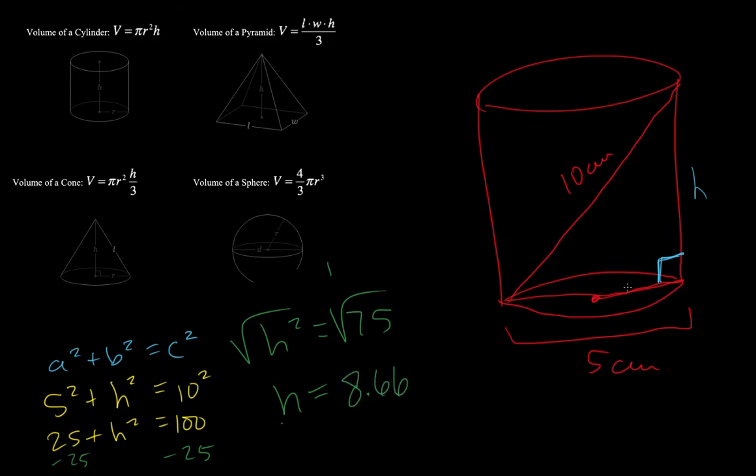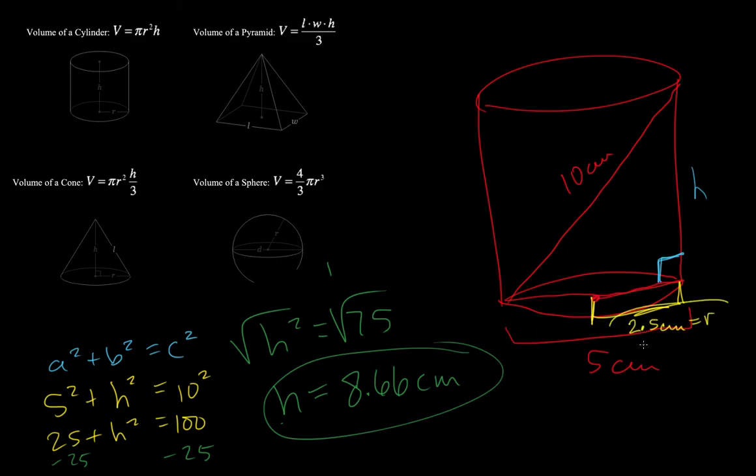Since these are all measured in centimeters, the height would also be centimeters. But the final answer they want is volume. And so now we have a cylinder, we have the height, and we can find the radius. The radius would be half of this, so it's going to be 2.5 centimeters. And we can use this and this with the cylinder formula.